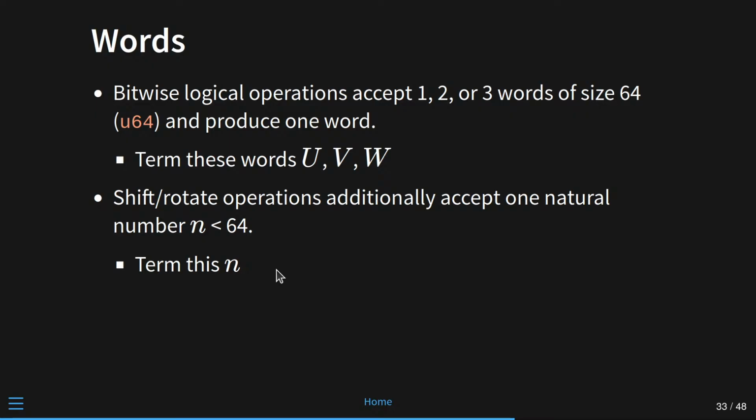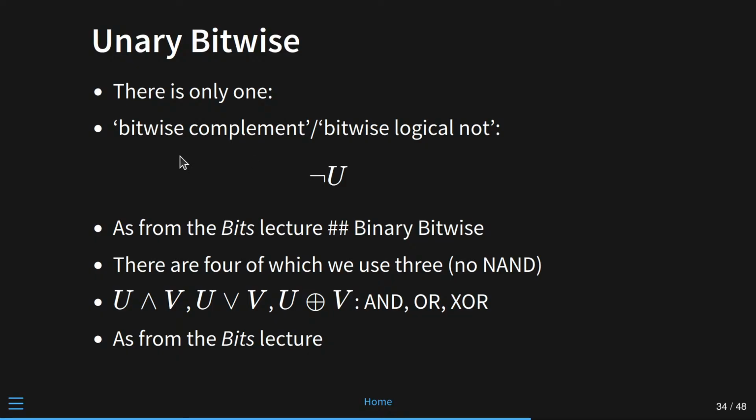It is just a number, and it is meaningful as a number. These bitwise operations work over words, and we do not care if these words are integers or something else. They're just information. But this n is very specifically a number, and it is meaningful as a number. So you already know the unary bitwise operation. There's only one of them that's famous: bitwise complement, bitwise logical not, always expressed this way.